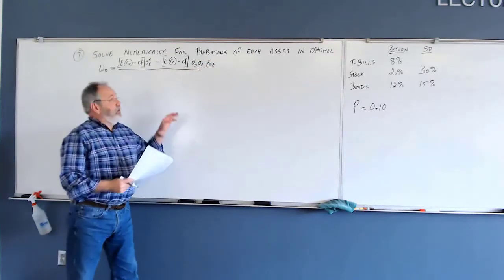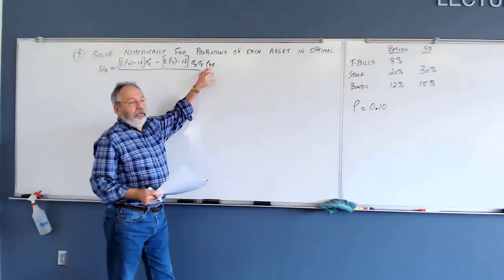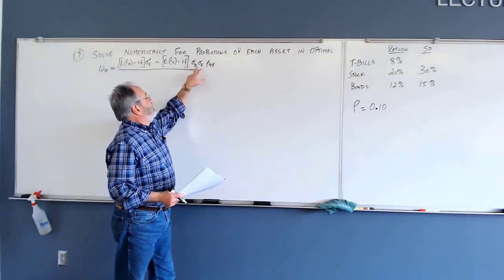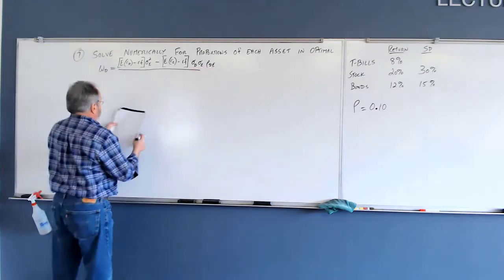Notice on this one, I did it a little differently. Instead of saying covariance, I'm using sigma debt, sigma equity, and correlation, right? They're interchangeable.